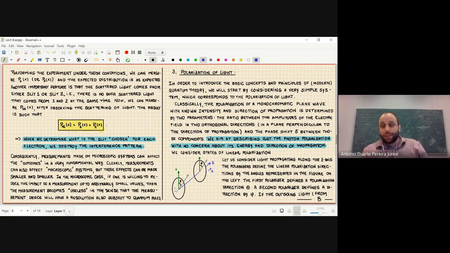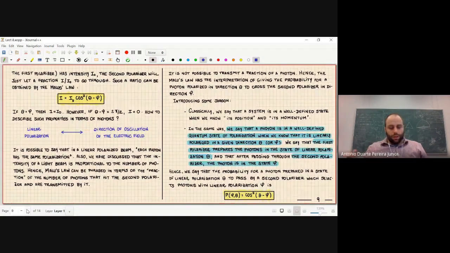I'm going to say that the light that is here will be composed of photons that are polarized in the theta direction. This is a name, okay? I'm just saying that I'm going to call the photons in this region photons that are polarized in the theta direction, okay?